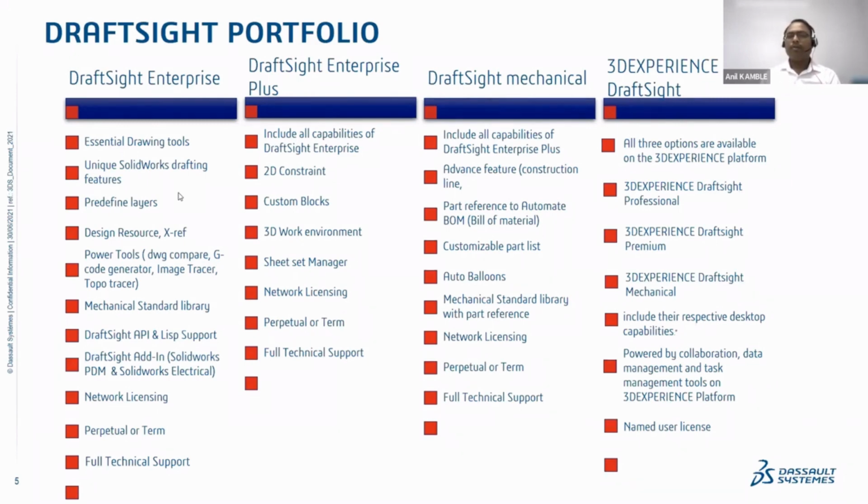They include all their respective desktop capabilities, powered by collaboration, data management, and task management on the 3DEXPERIENCE platform. That's what makes the difference, and that's what 3DEXPERIENCE DraftSight is. So that was all about the DraftSight portfolio we have.